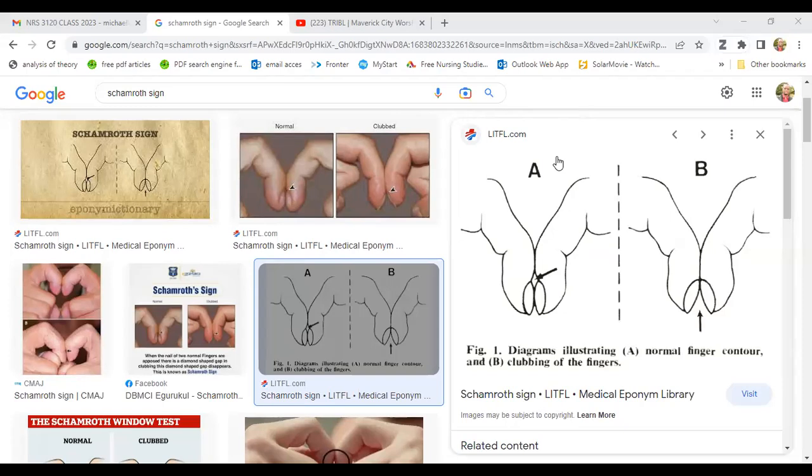Okay, there we are. So this is the normal angle of insertion of a nail. The nail should insert at 160 degrees, such that when a patient puts the two index fingers together, there'll be a window there. This window is what is referred to as Shamroth's window. These are normal nails. But when there's finger clubbing, notice how that Shamroth's window is lost, because the angle of insertion of the nail is now more than 160.